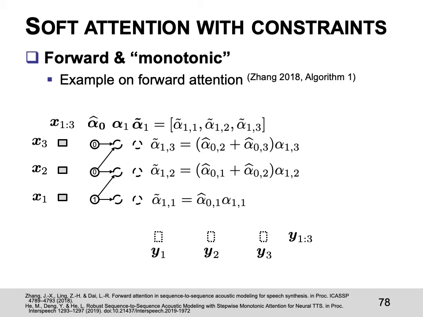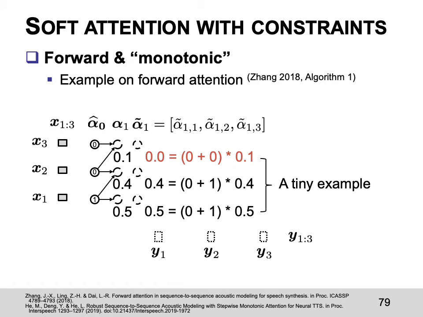To give you one more example, suppose alpha 1 is equal to 0.5, 0.4, and 0.1. After the recalculation, we can get a new vector. You can notice how the probability to align the y1 with x3 is reduced from 0.1 to 0.0.